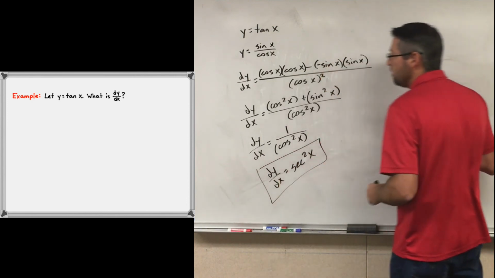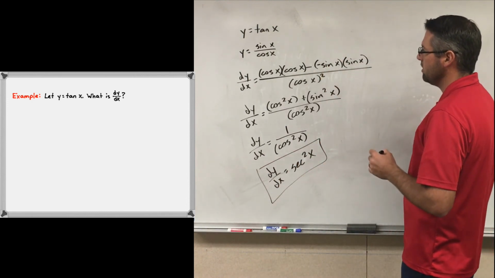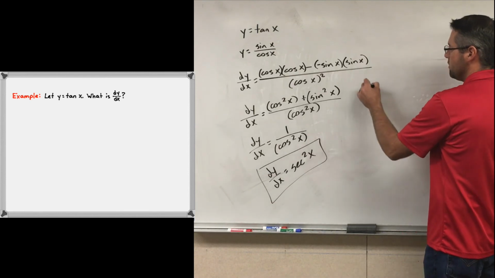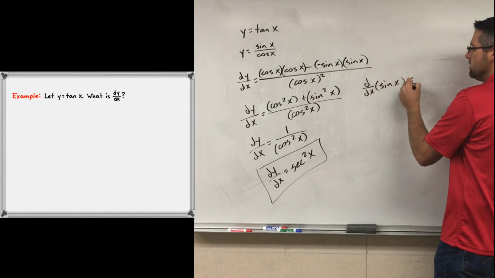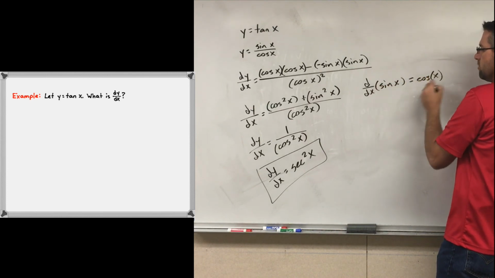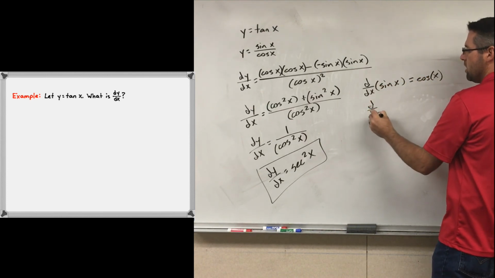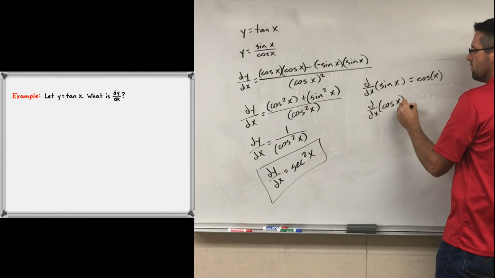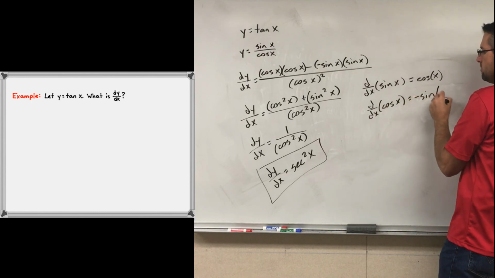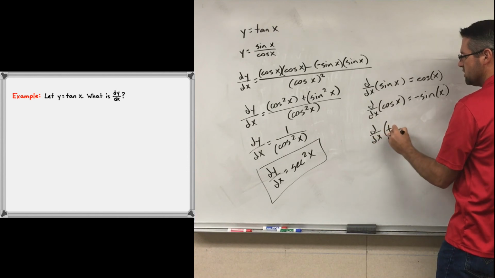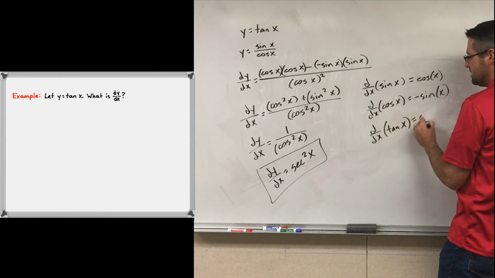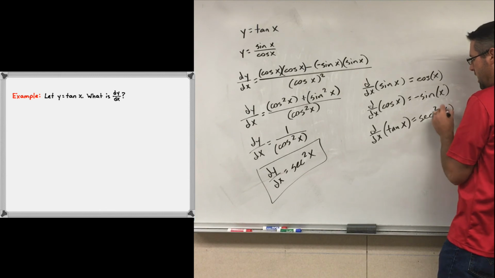And so now we know the three basic trig functions' derivatives. The derivative of sine is cosine. The derivative of cosine is negative sine, and the derivative of tangent is secant squared x.